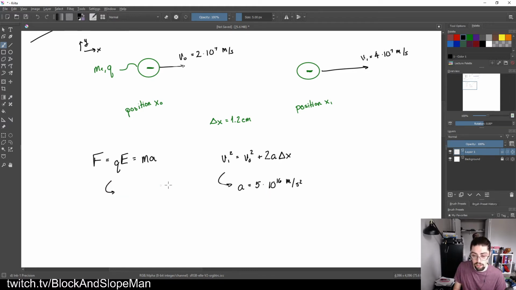We're rearranging this thing, so plug that in up here. Rearrange this so that electric field is equal to ma divided by q. And what we find at the very end is that electric field should be something like 2.847 times 10 to the 5th newtons per coulomb.